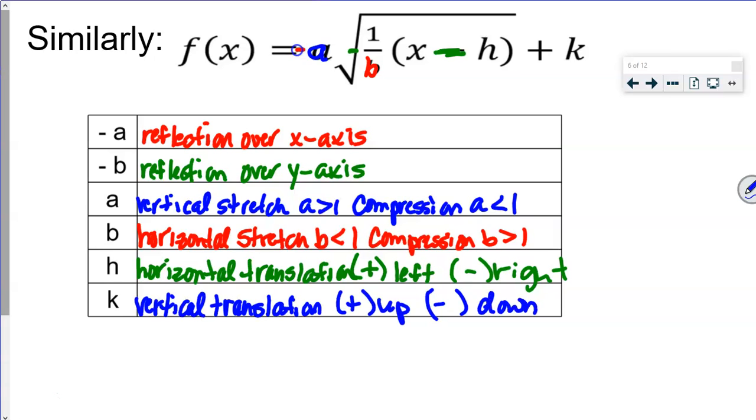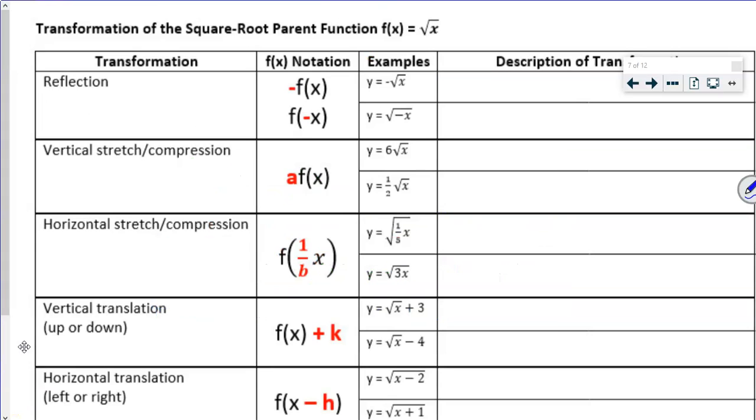Okay, now we've got a couple more things to cover: domain and range. So we're going to practice these first, and then we're going to cover domain and range, okay? The first thing is if we have a negative out in front of the radical, like we do in the first example here, then this is going to be a reflection over the x-axis, okay?